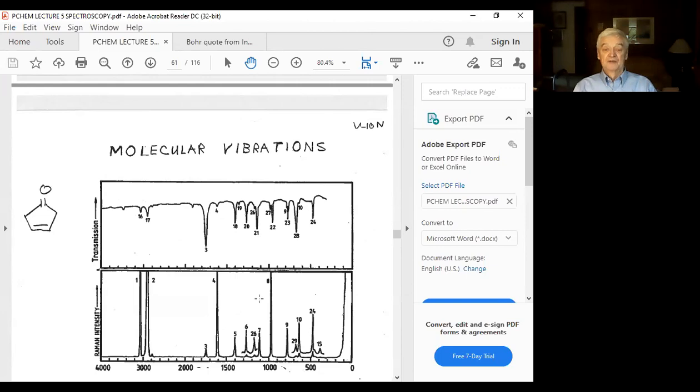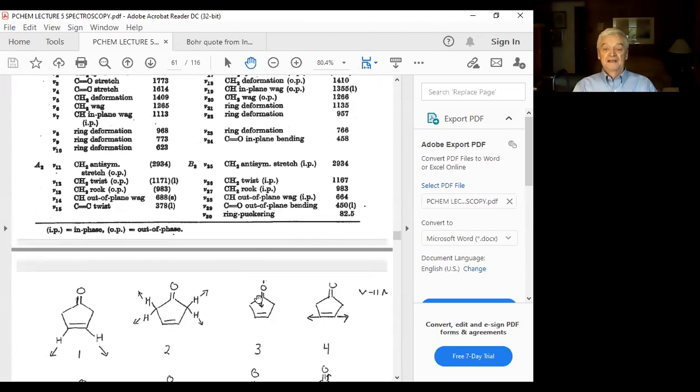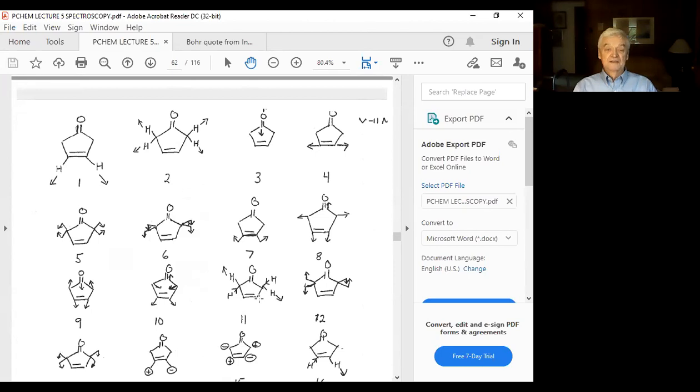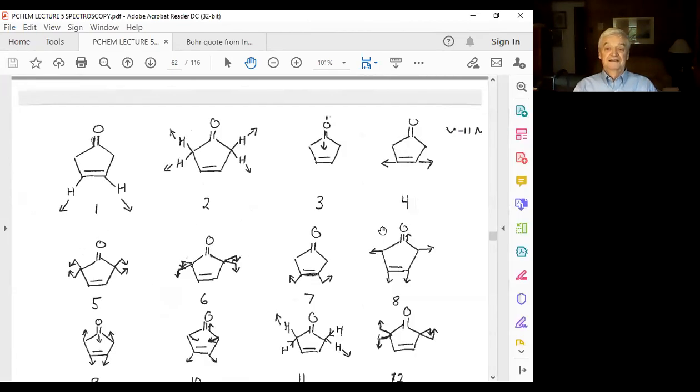to learn about vibrations. Then I showed you a PowerPoint slide which basically showed all of these vibrations. Our grader Dallas Freitas has said he's now put this on eCampus, so you can look at these again if you wish. And this afternoon I was going to show you a couple other molecules.